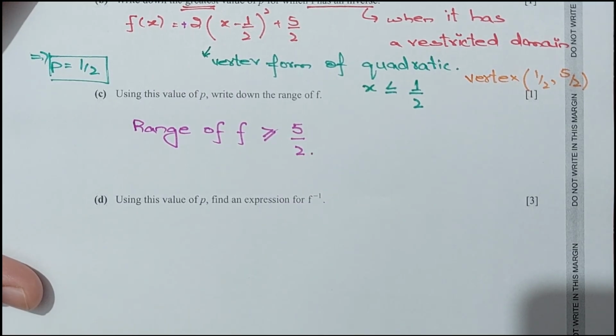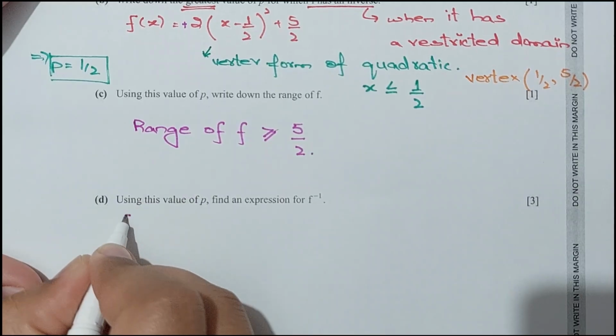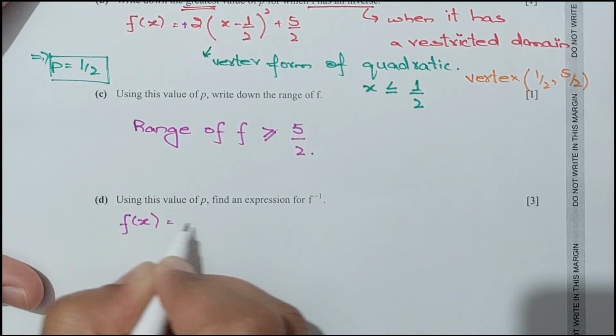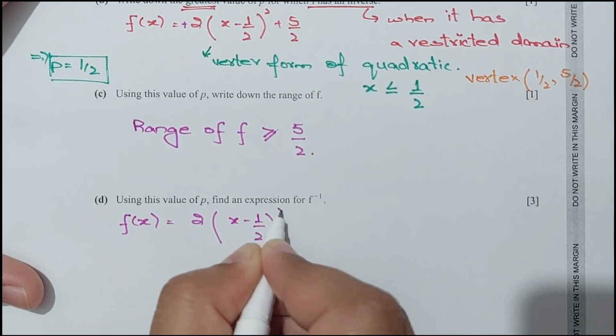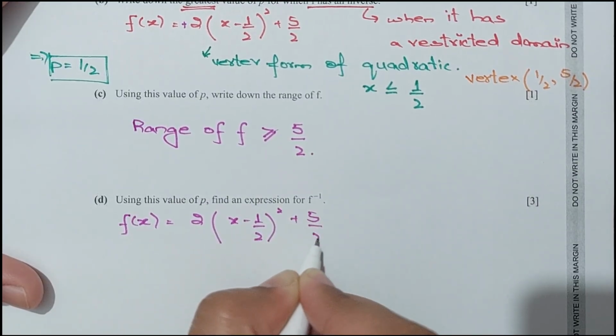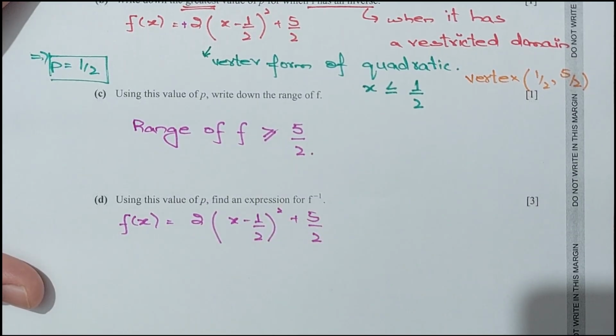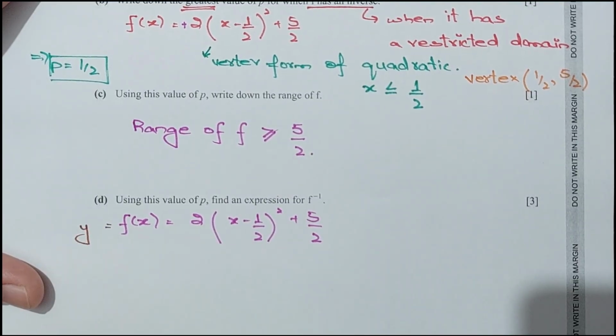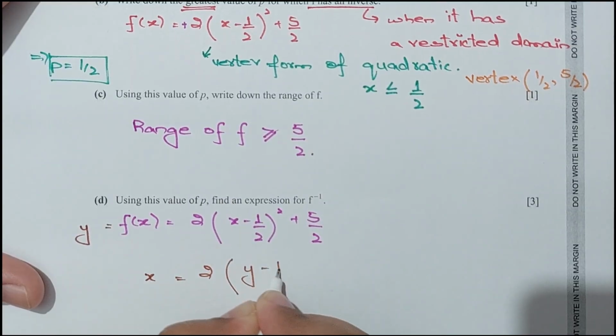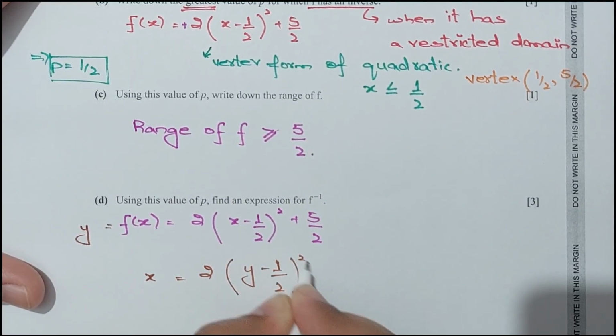So we have f of x equals 2 times (x minus 1/2) whole squared plus 5/2. For f inverse of x, we replace this with y equals that function. Now x equals 2 times (y minus 1/2) squared plus 5/2.